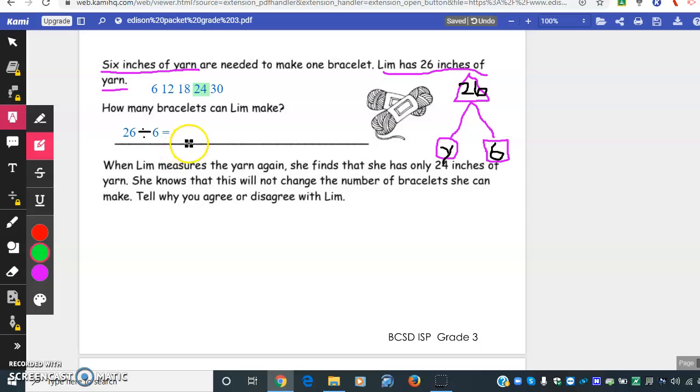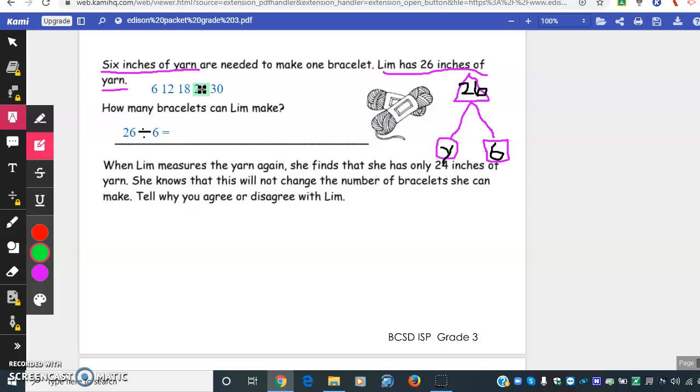So, if Lim is going to make some bracelets, and he or she is only going to use 6 inches of yarn for each bracelet, Lim is going to be able to make 1, 2, 3, 4 bracelets because it takes 4 6s to make 24.